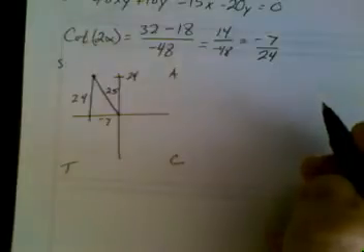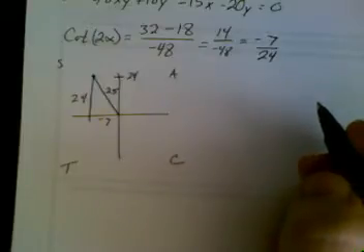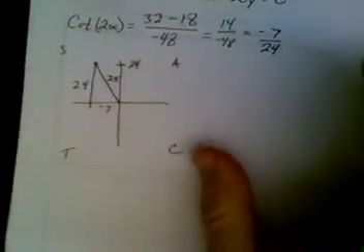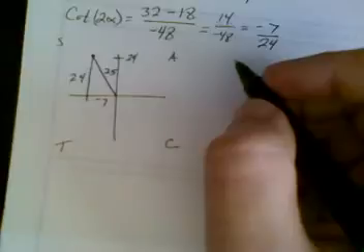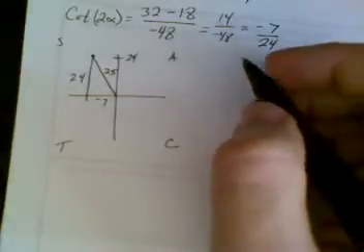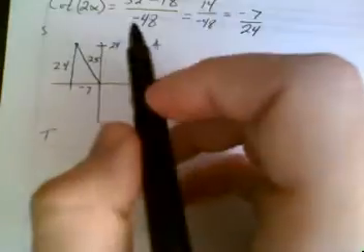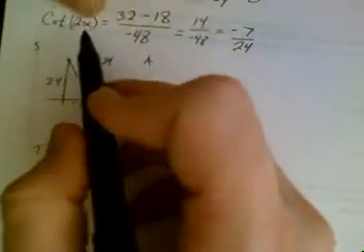Now, if that's the case, I still need to be able to find the angle alpha. There's a couple of different ways that we could do this. Probably the easiest way would be typing into the calculator. But wait a second, this is 2 alpha.